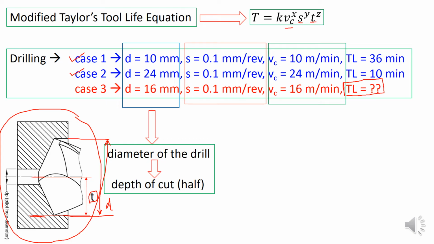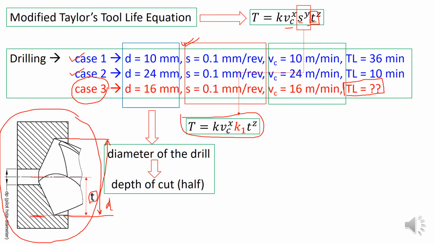So what is our inference? Though in our data and the case where we have been asked to solve the problem, depth of cut has not been mentioned directly, it has been indirectly incorporated in the problem. What else do we have? Let us come back to this particular box, feed being constant. As feed is constant, modified Taylor's tool life equation reduces to this.